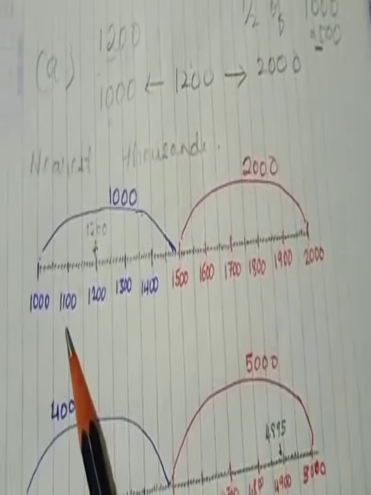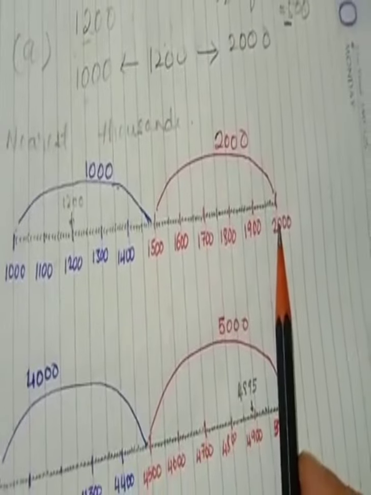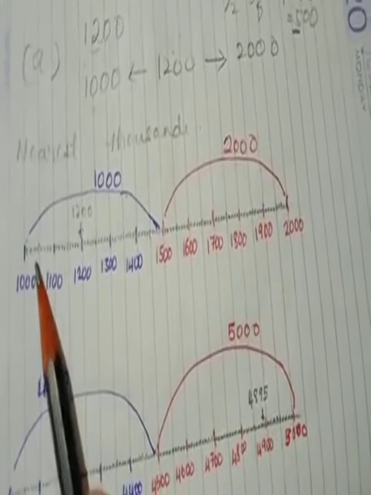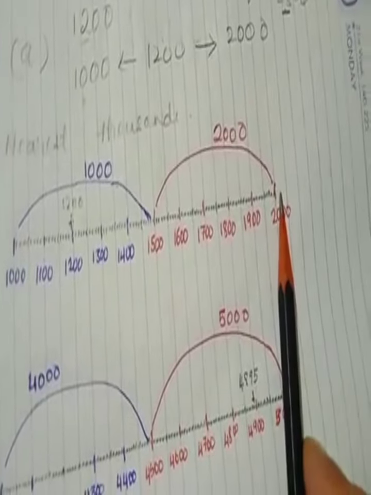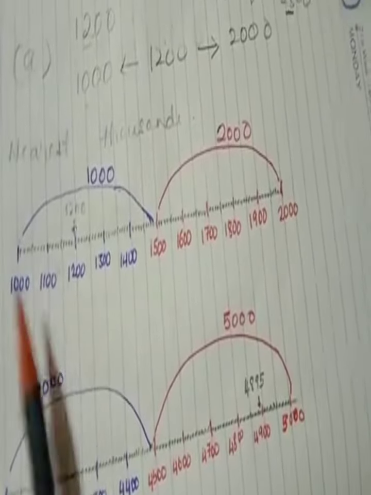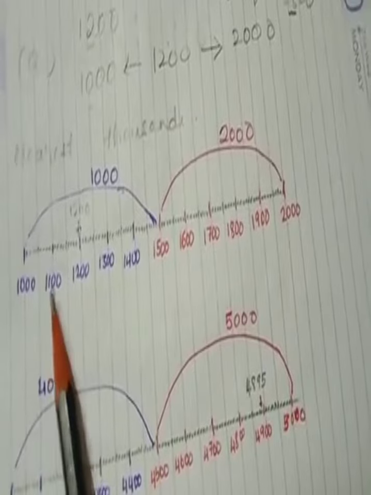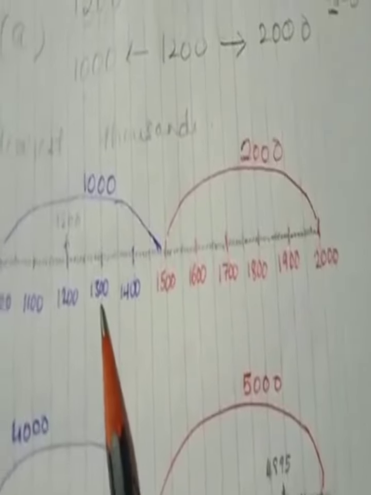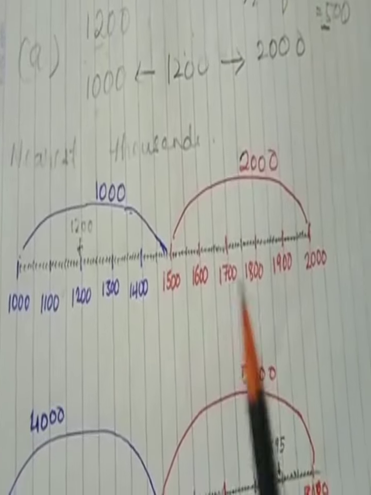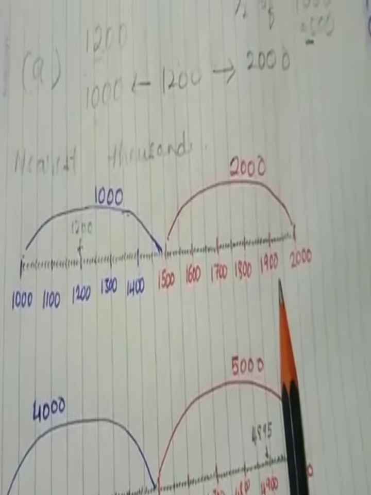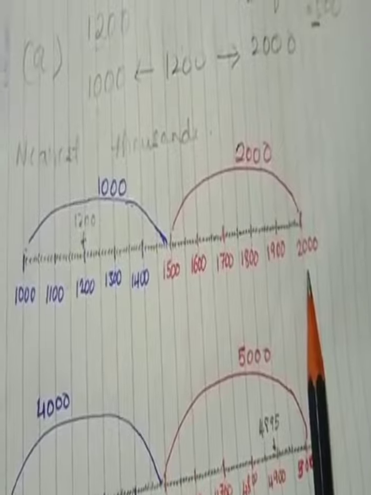Again here, if we consider the number line divided into 10 parts on the basis of the hundreds, that is 1000, then 1100, 1200, 1300, 1400, 1500, 1600, 1700, 1800, 1900, and 2000.